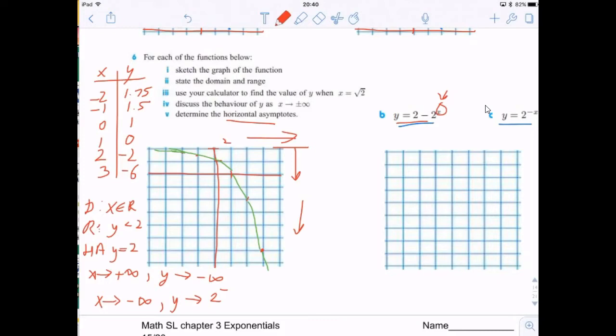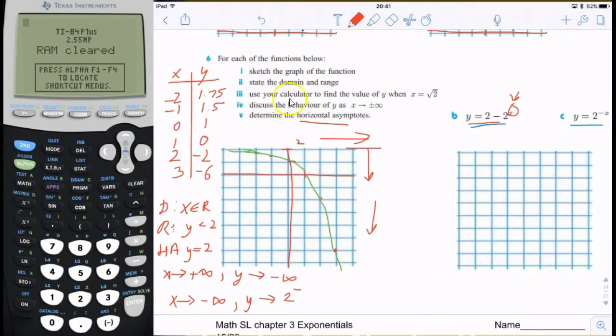Determine the horizontal asymptote. We already did that. Okay, so now let's bring in the calculator. Now I'm going to go back and use my calculator to find the value of y when x equals square root of 2. So I'm going to put in the function, which is 2 minus 2 to the x, and instead of x, I'm going to put in square root of 2.